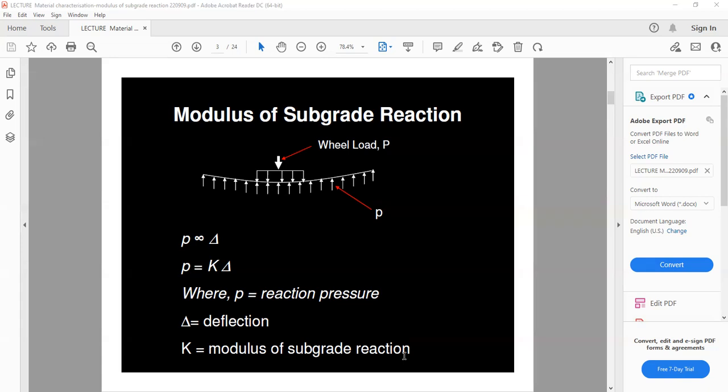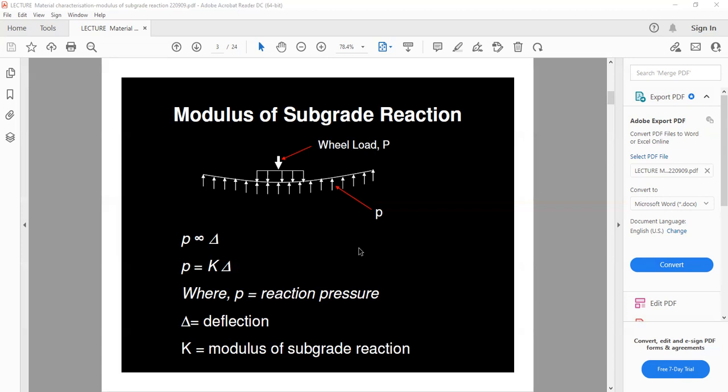Mathematically you can say this K is a constant, but logically K varies with the reaction as well as the deflection. Now, if I try to find K, it's really simple: K is equal to P over delta. So we can say the modulus of reaction is directly proportional to the reaction pressure and inversely proportional to the deflection.